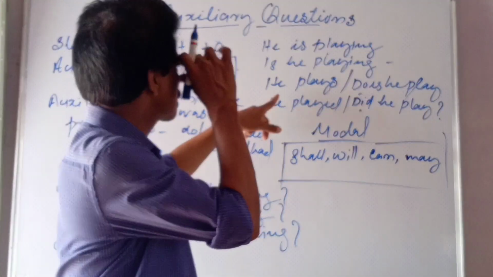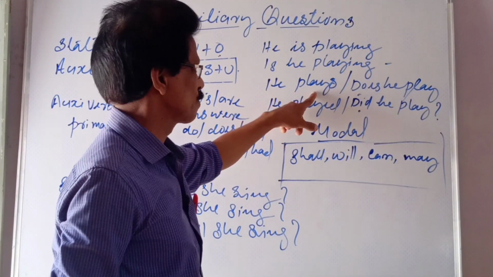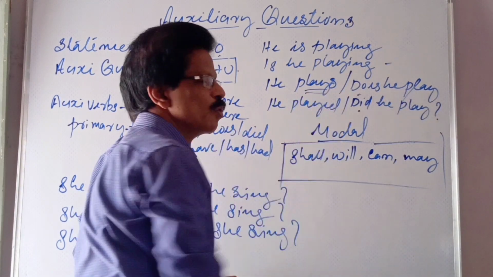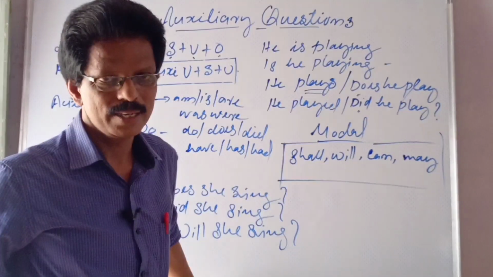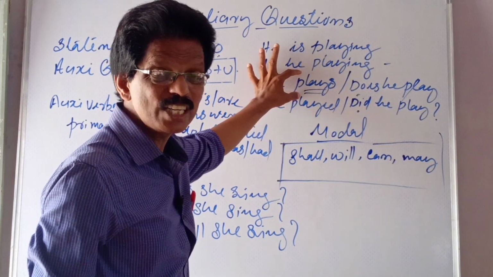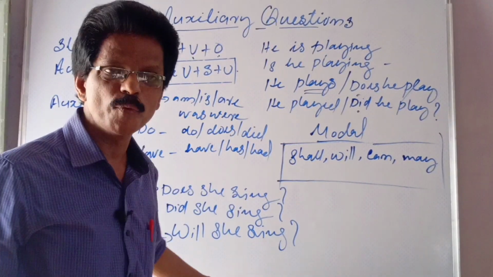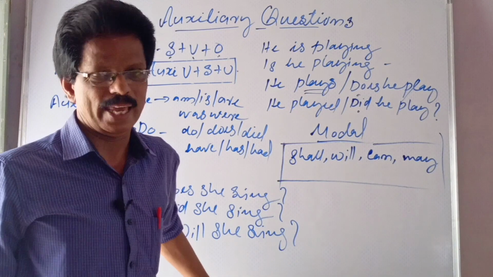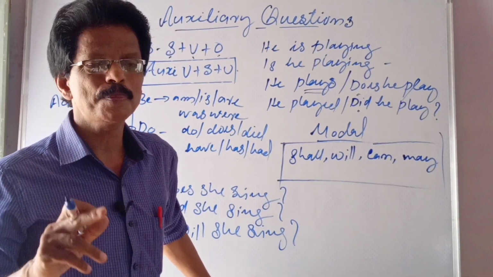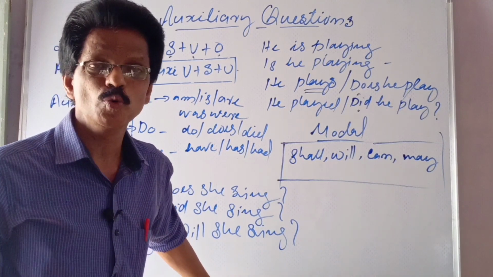If not, for example, he plays. It's a finite verb. Finite means having V1, V2, V3: present tense, past tense, past participle.